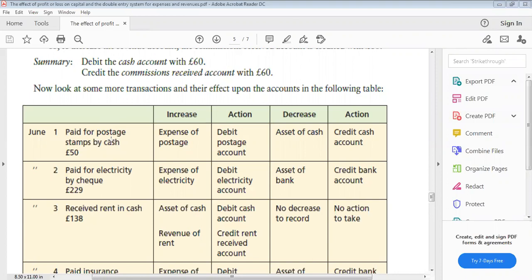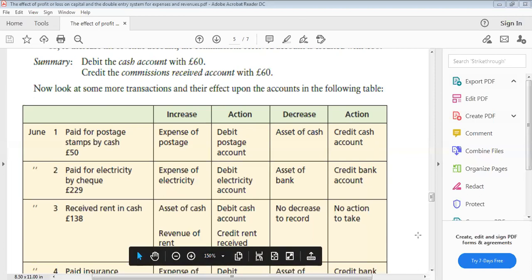Now, there's an increase in the expense of postage, right? So the action for that increase would be to debit the postage account. You paid by cash, so therefore there's a decrease in the asset of cash. So the action will be to credit the cash account. Good.